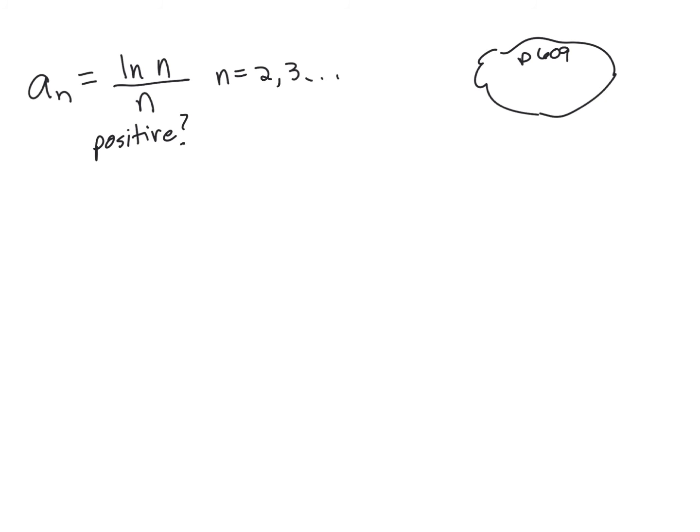Well, we're plugging in a 2 to begin with. What is the ln of 2? Well, e to the what equals 2? e is 2.71 dot dot dot.